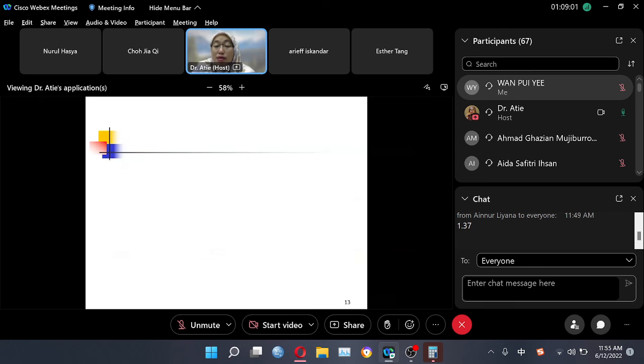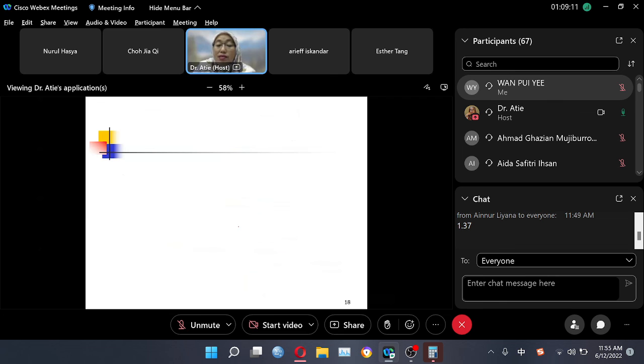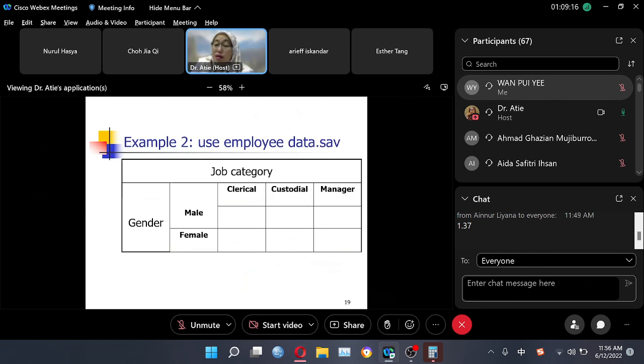Basically, that's what I wanted to show you, how the chi-square values come from. So at least you know how to get the number, and when you look at your SPSS output, you don't just look at it, but you know where the numbers come from.